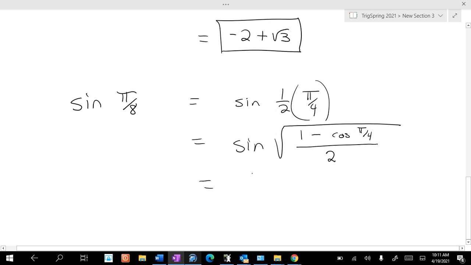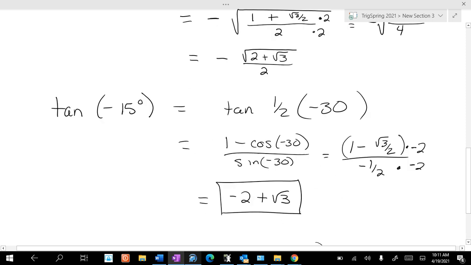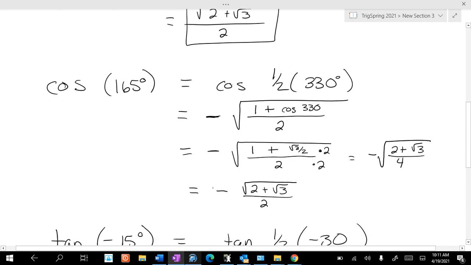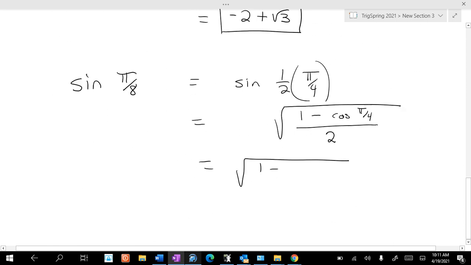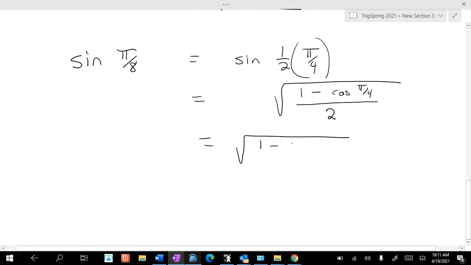What's the cosine of pi over 4? There's no sign in front of there. I'm finding the sign, the positive or negative. Because if we look at this one, see how this one was negative? The cosine one. So the cosine of pi over 4 is square root of 2 over 2.